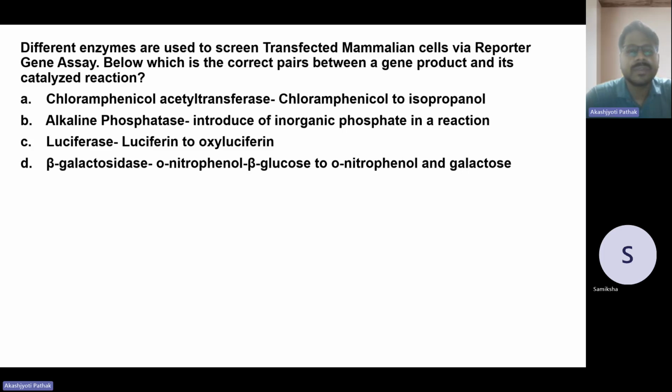Now, different enzymes are used to screen transfected mammalian cells via reporter gene assay. Below, which is the correct pair between a gene product and its catalyzed reaction? So these are some fact-based questions that you have to remember.